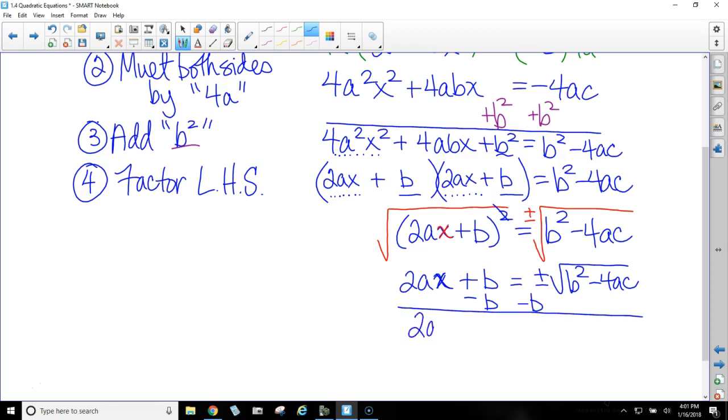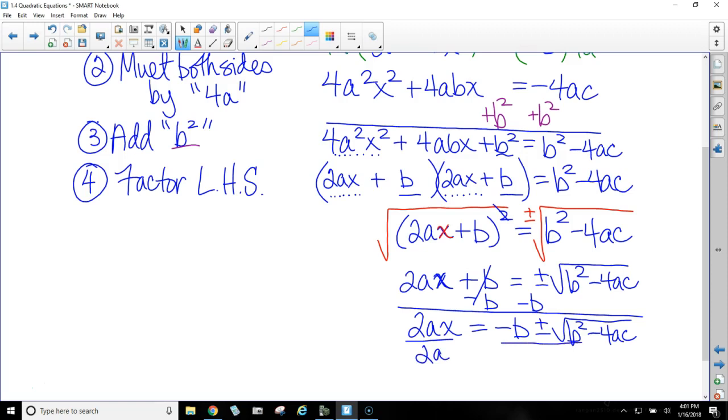So we have 2ax on the left-hand side. On the right-hand side, we have negative b plus or minus the square root of b squared minus 4ac. Now, solve for x by dividing both sides by 2a.